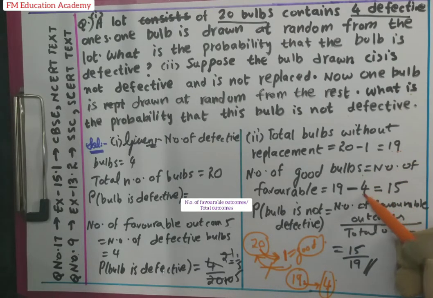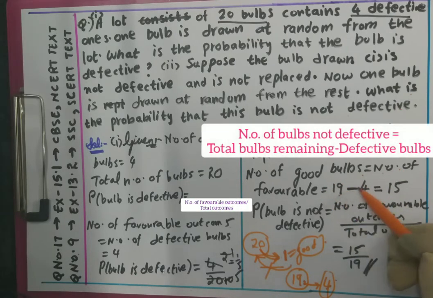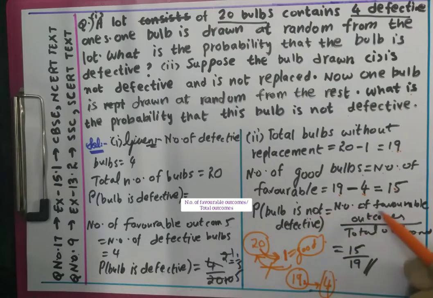Number of good bulbs, that is number of favourable outcomes, is 19 minus 4, that is 15. So the probability that the bulb is not defective is number of favourable outcomes over total outcomes, that is 15 over 19. We cannot simplify this, so the answer is 15 by 19.